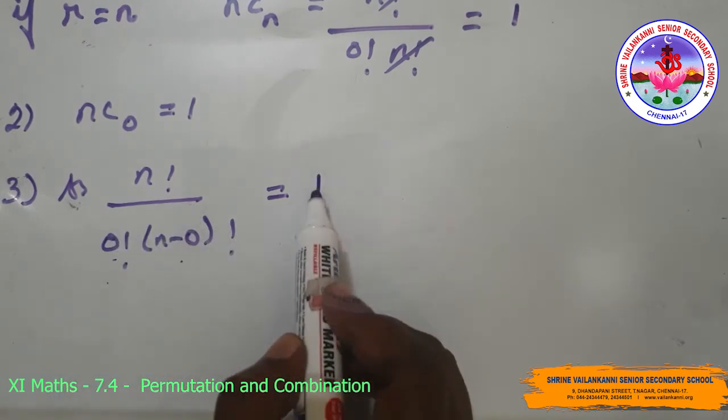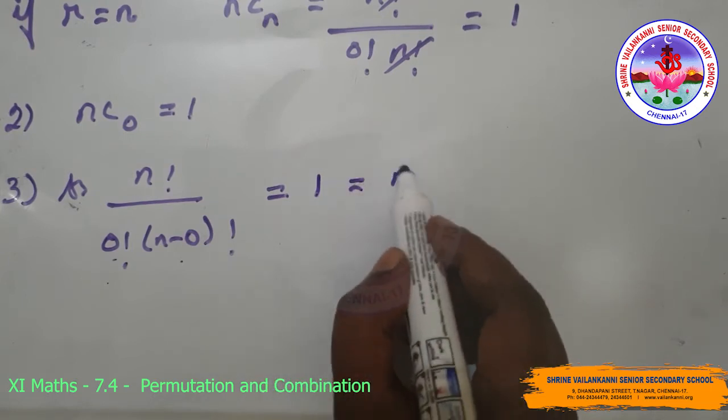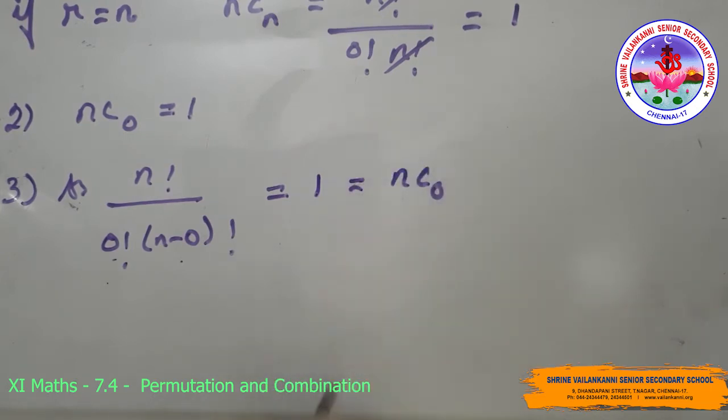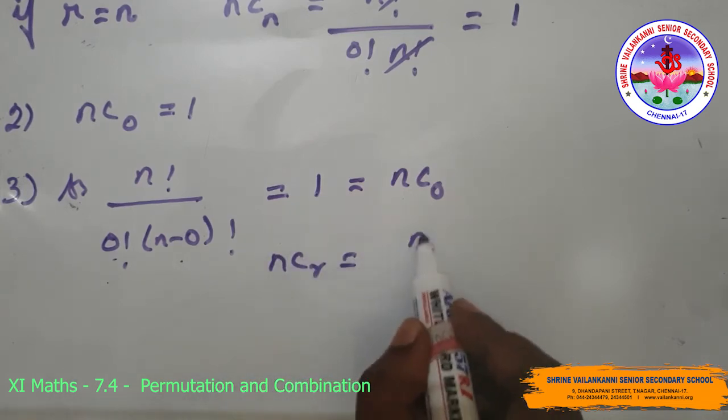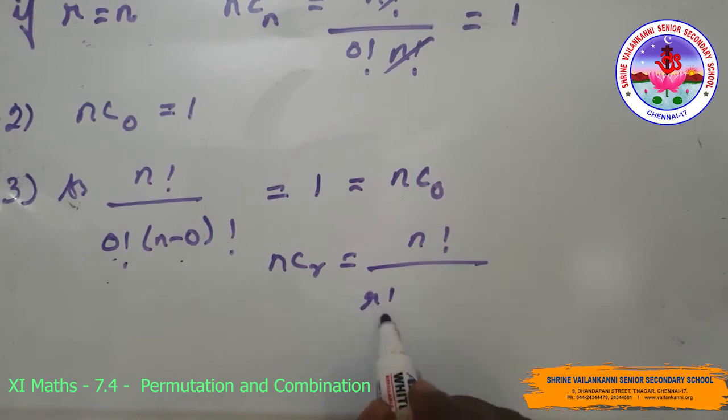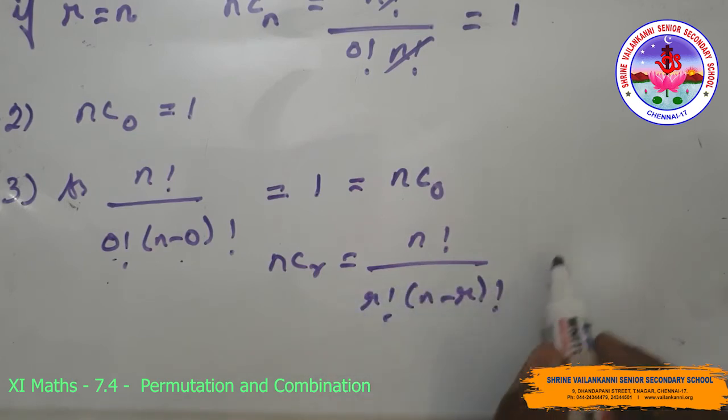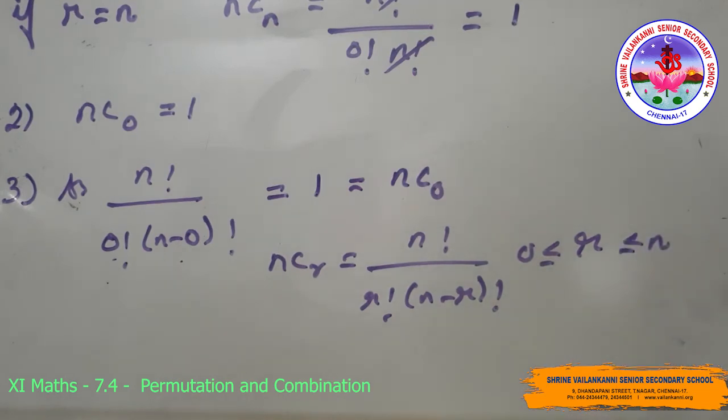So 1 by 1 is 1, which is equal to nC0. So this formula is applicable for r equal to 0. So we have nCr is n factorial by r factorial into (n minus r) factorial, where r lies between 0 and n.